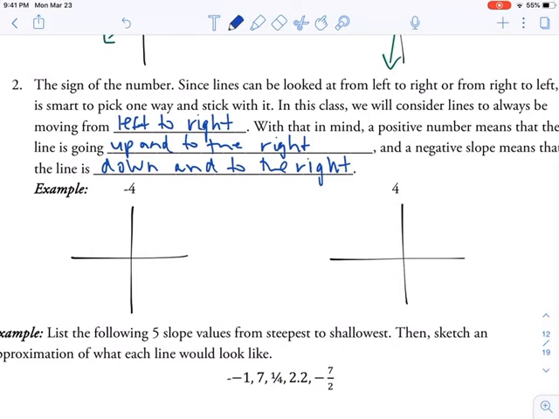So, -4 means that the slope is doing rise over run of -4 over 1. So it means that we're going down as we go to the right. You can put that all in brackets if you want to keep it.